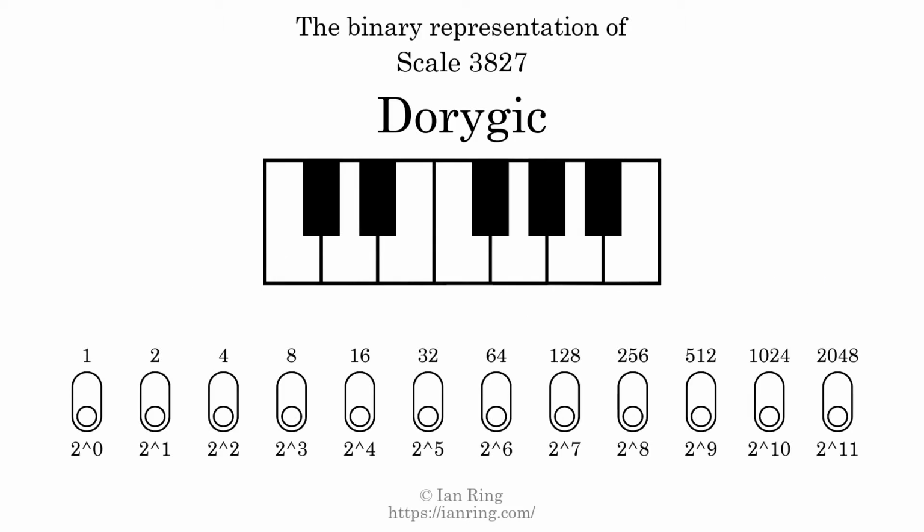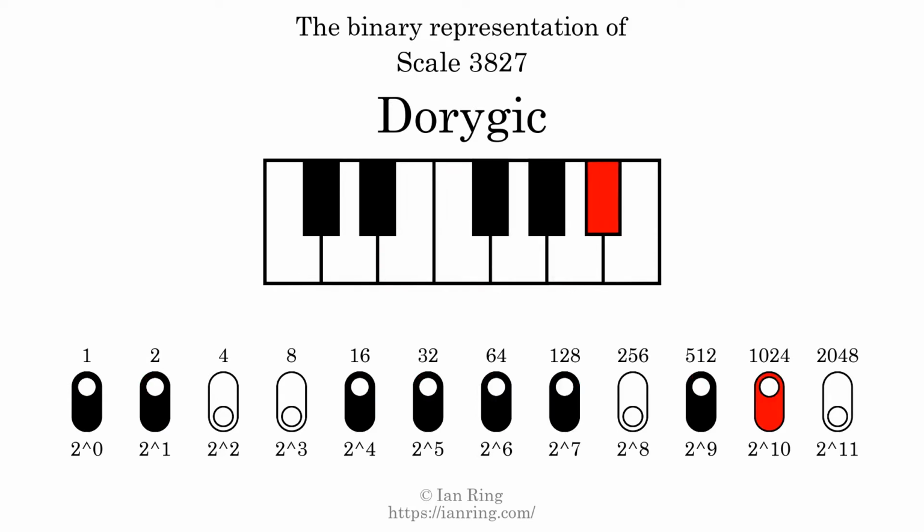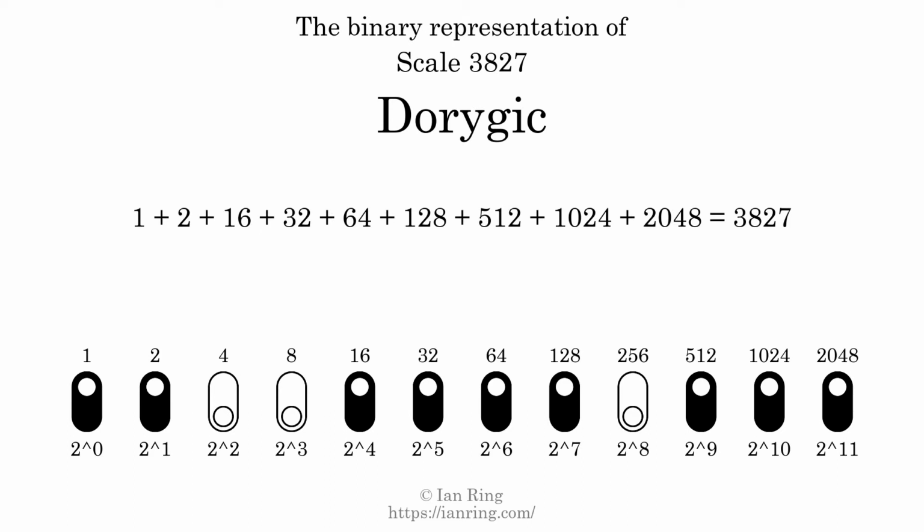The binary representation of this scale is determined by mapping tones of the scale to binary digits. Each binary digit represents a power of 2. To get the scale number, we add the powers of 2 together. The powers of 2 that are present in the scale, all added together, equals 3827.